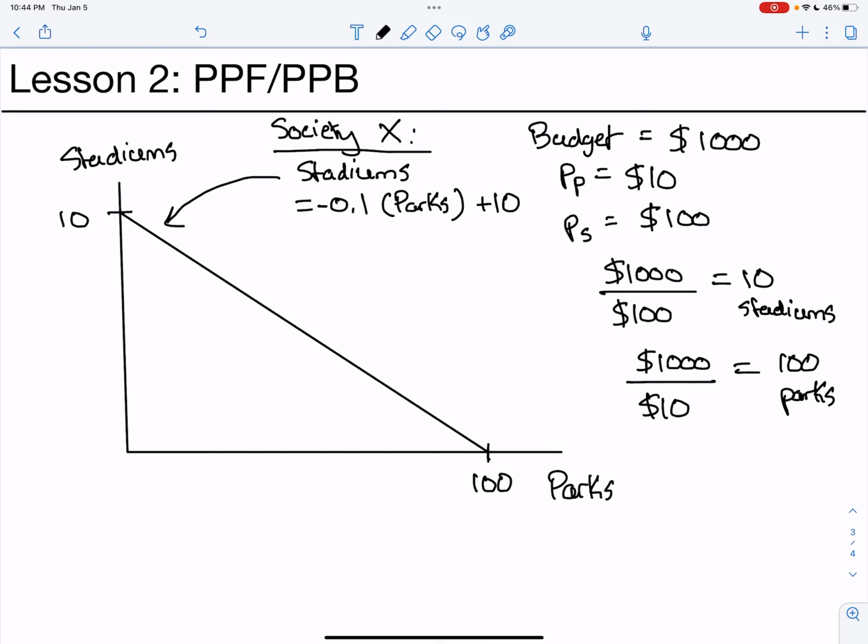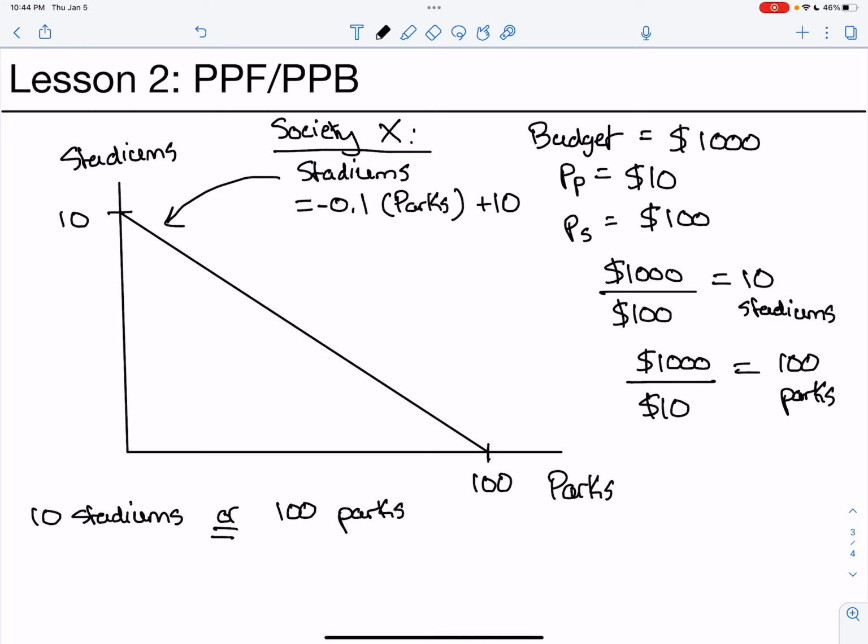What exactly is the opportunity cost? Well, to put exact numbers on this, we could just write down what we can immediately see from the graph, which is that the society has a choice: 10 stadiums or 100 parks.